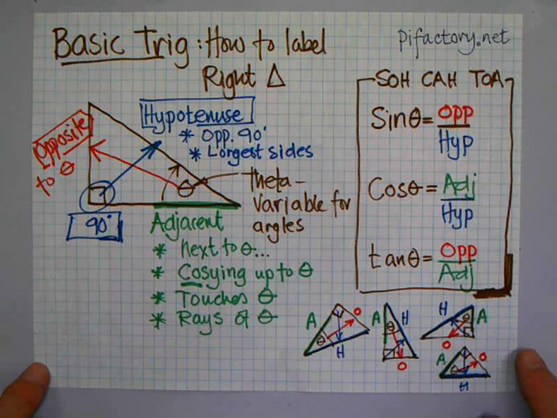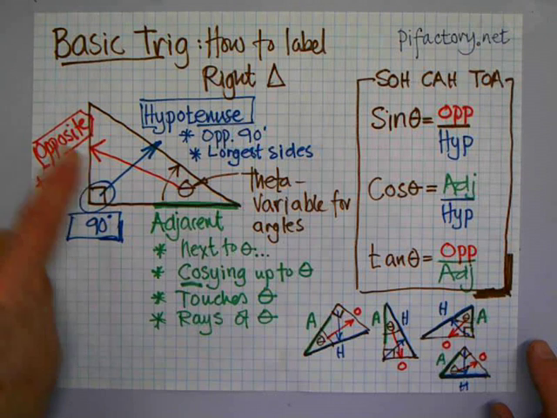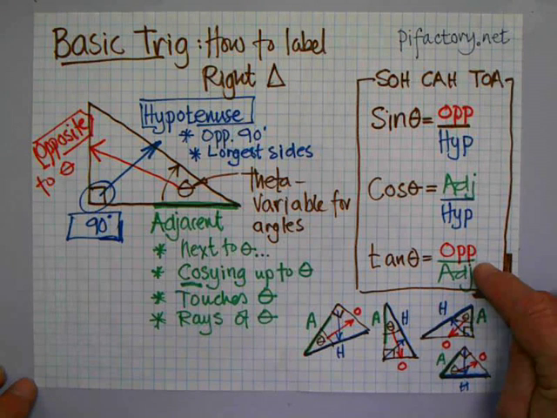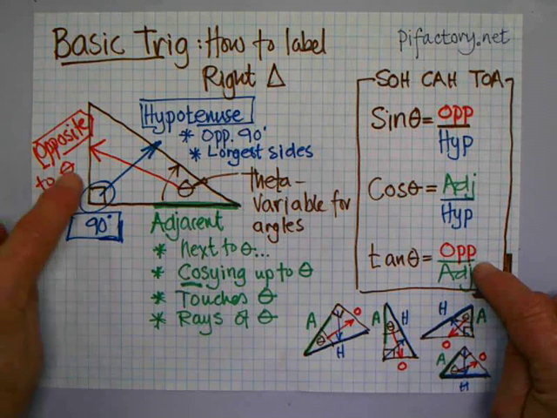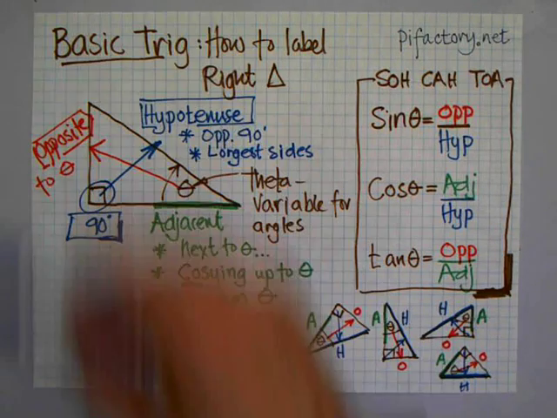So this is undoubtedly the most common mistake that students in their early stages of studying trigonometry make. They mislabel the sides, or they don't label them at all, and then they try to do these trigonometric ratios without labeling the sides.